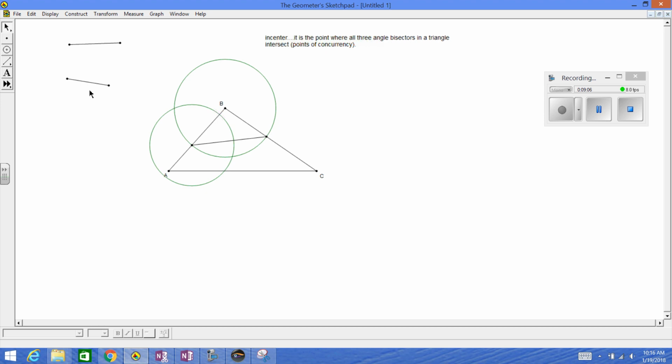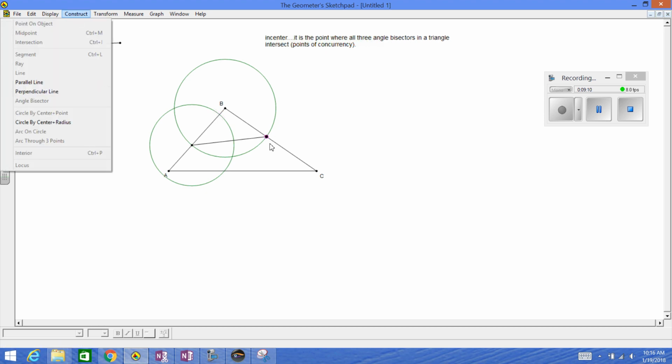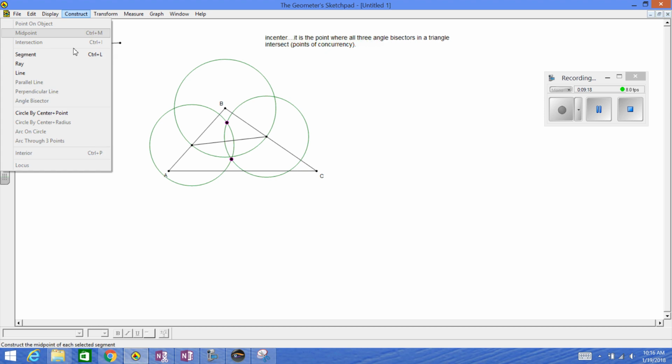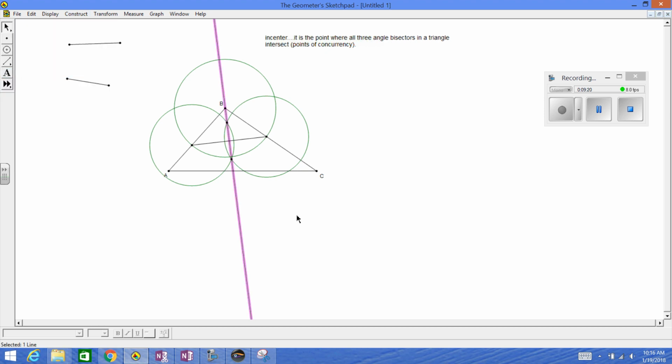Then I'm going to use the same radius and construct a circle on the other end, and wherever those 2 circles cross, if I construct that line with my straight edge, that should be the angle bisector of angle B.